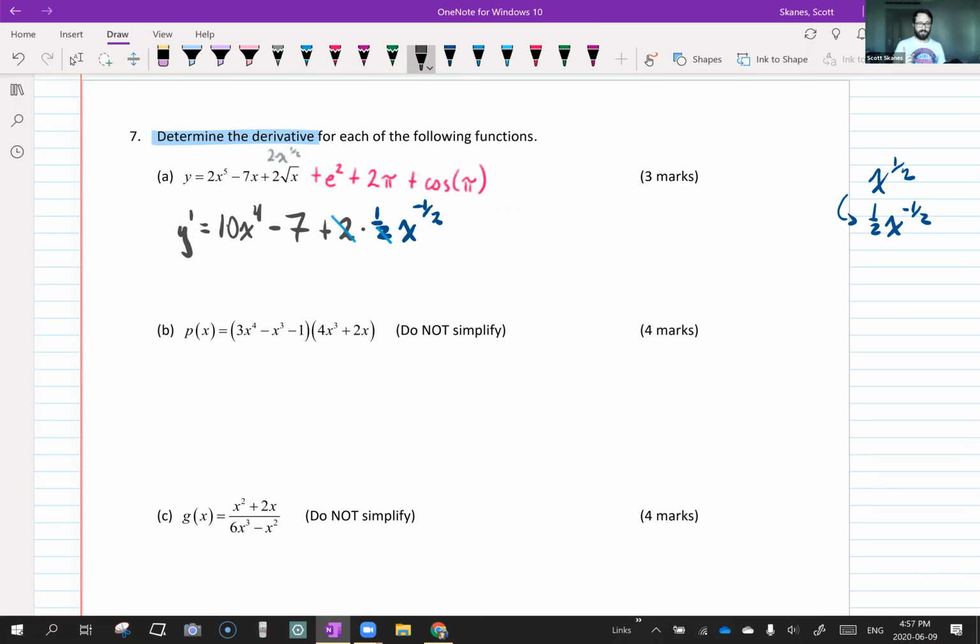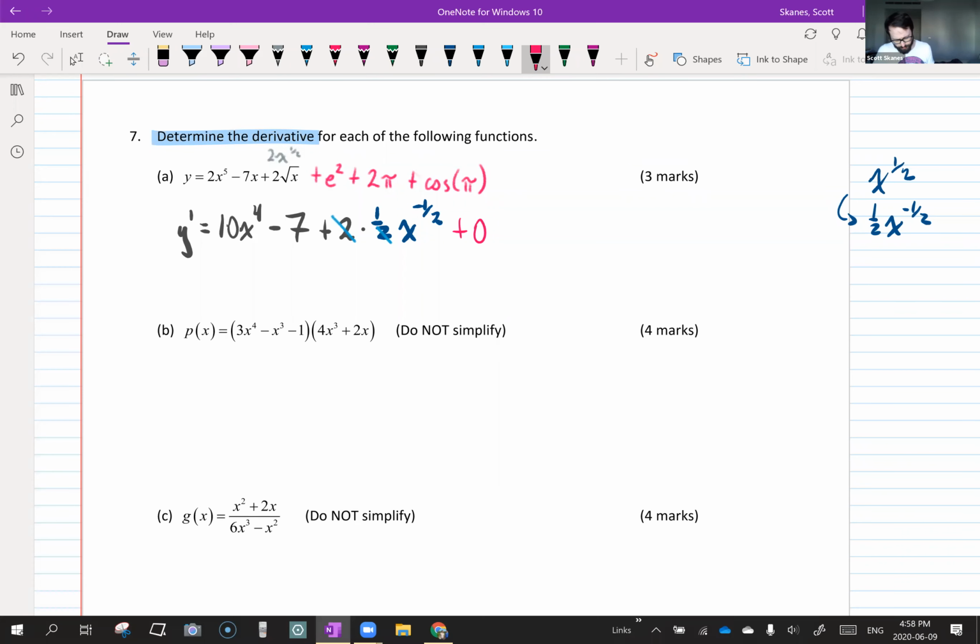What's the derivative? I put this here for a reason. What's the derivative of e squared? E is a constant. E squared must also be a constant. The derivative of a constant is 0.